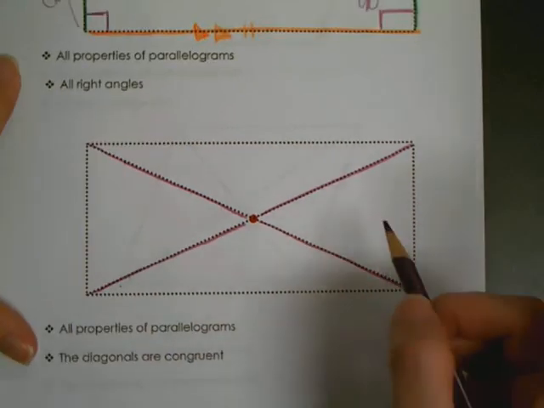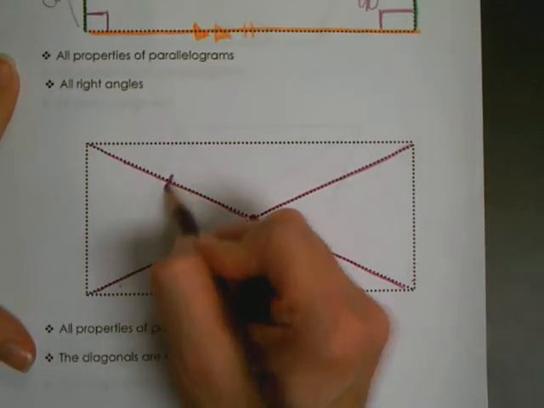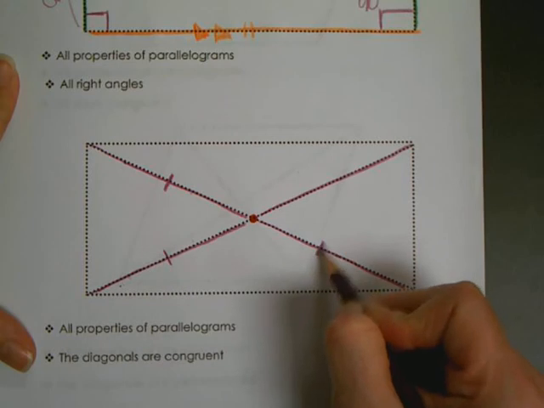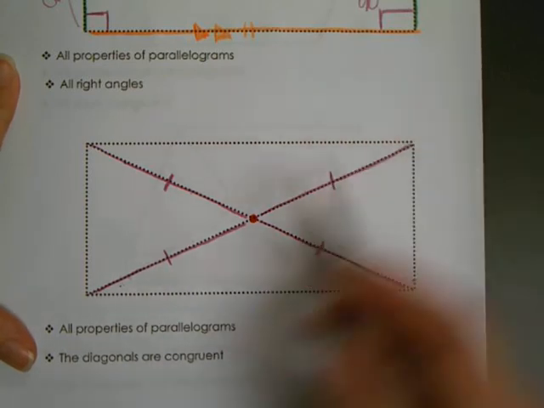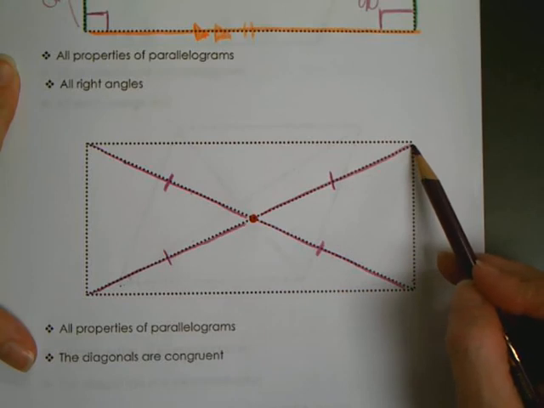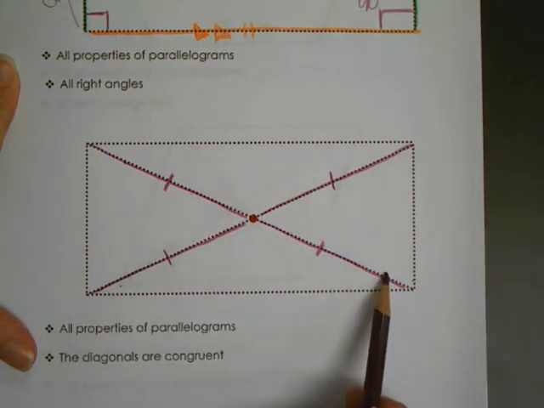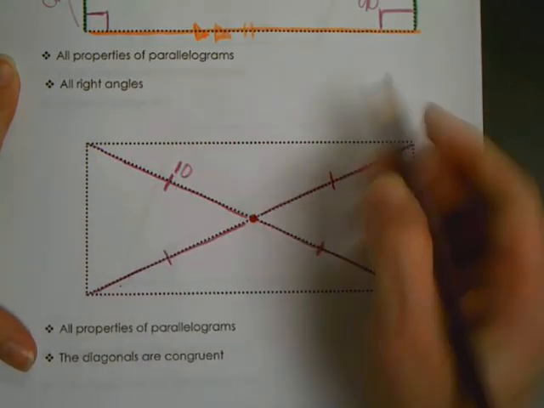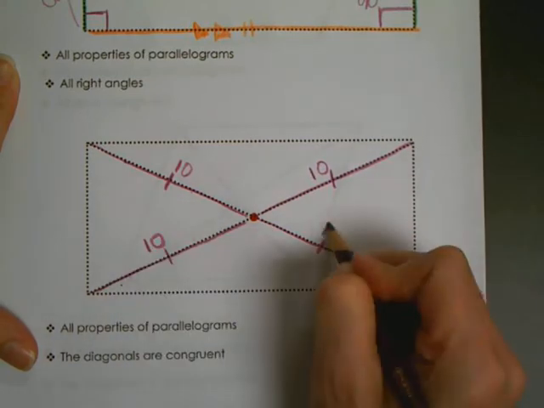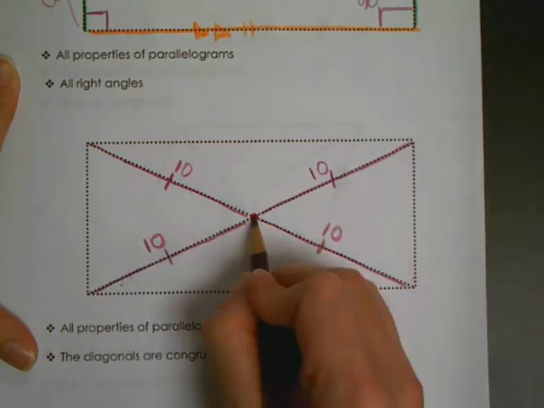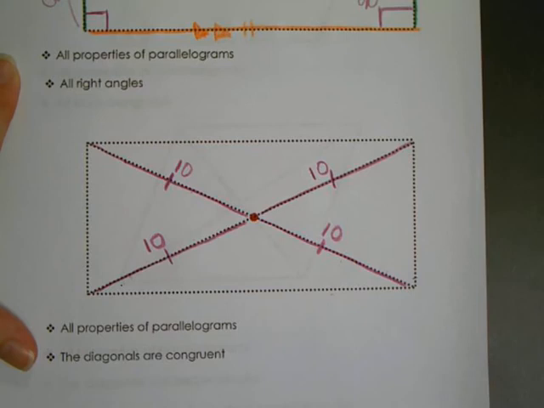Okay, so that's really important to grasp, that this segment is congruent to this segment is congruent to this segment. All right, so if this has a length of 20, this diagonal has a length of 20, and each one of these segments would be half of 20 because it bisects. And then alternate interior angles are congruent.